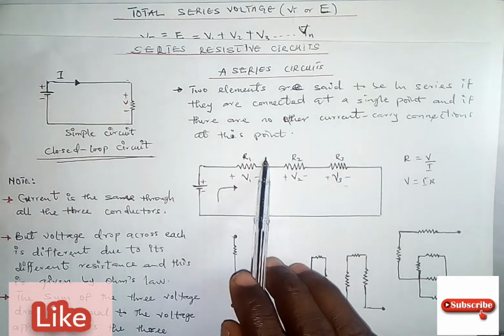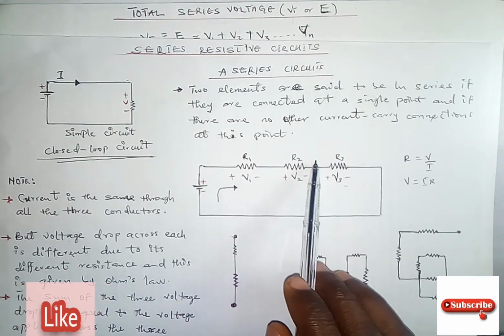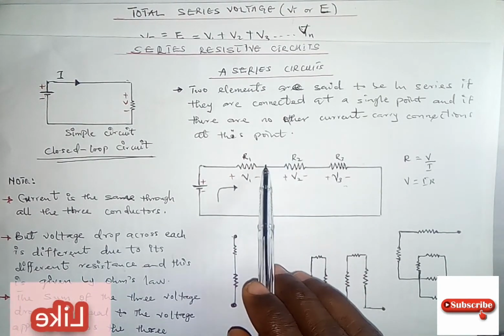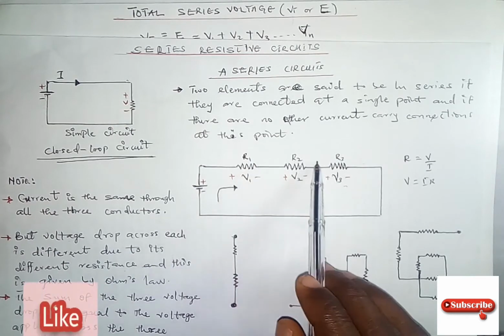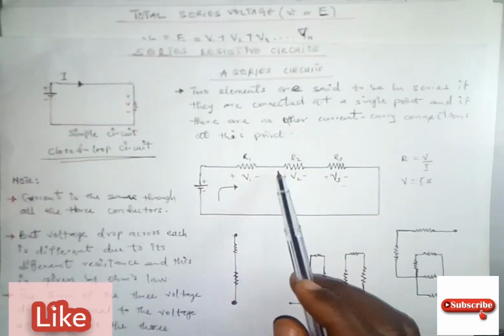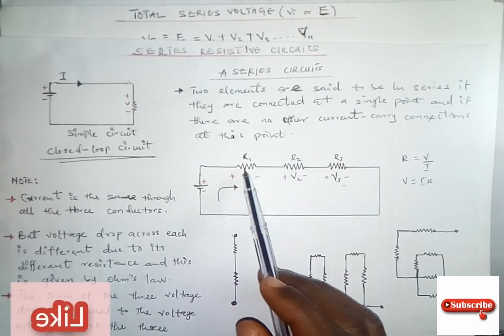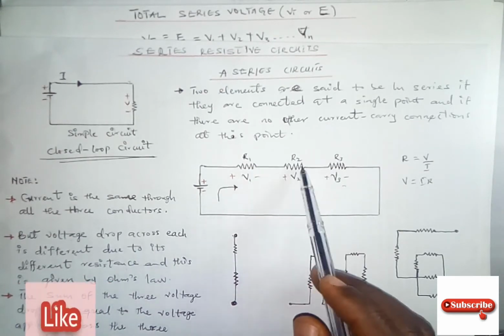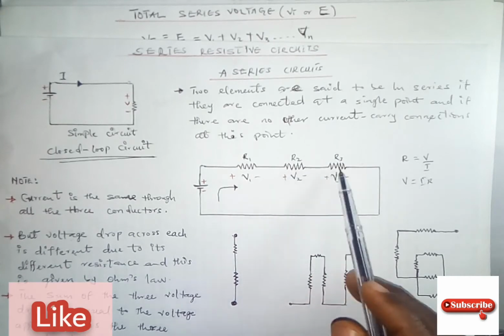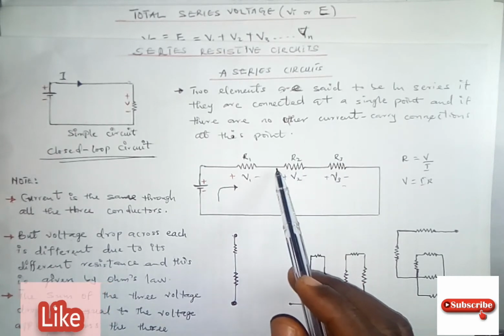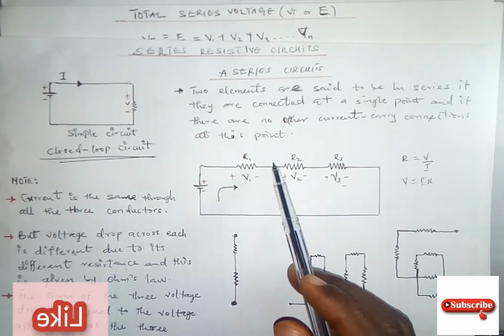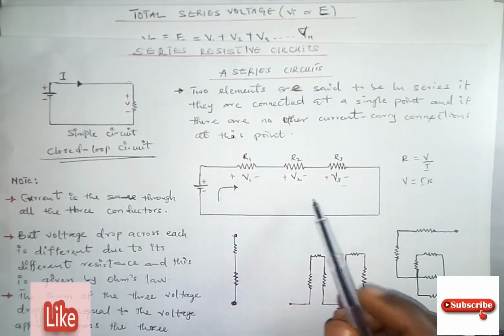Another thing as well is the total series resistance. Whenever you come across resistors in a series circuit, the total series resistance is going to be added as well, which means the series resistance in a series circuit is additive. The voltages are additive, the resistors are additive, even the power is additive.